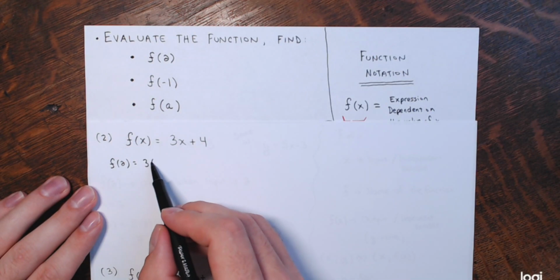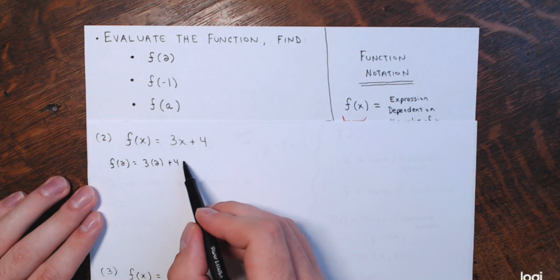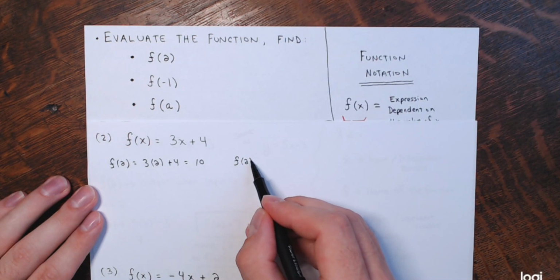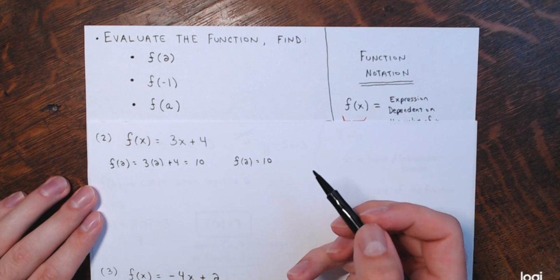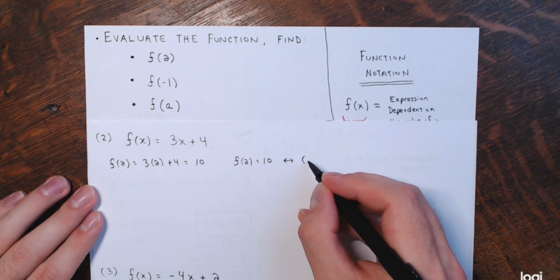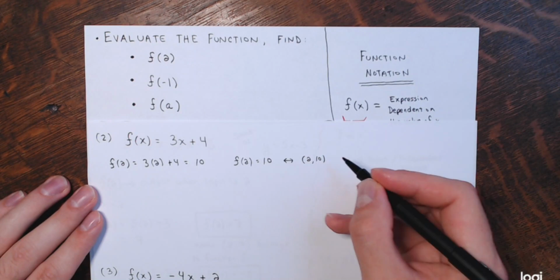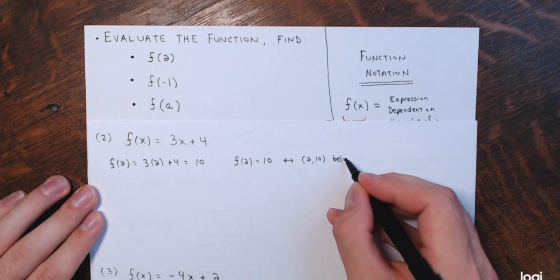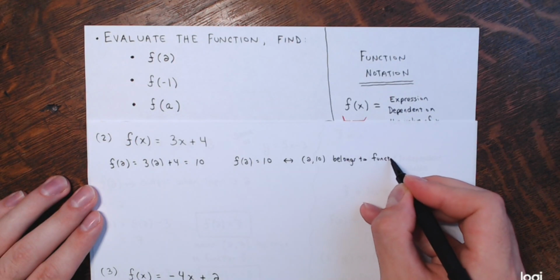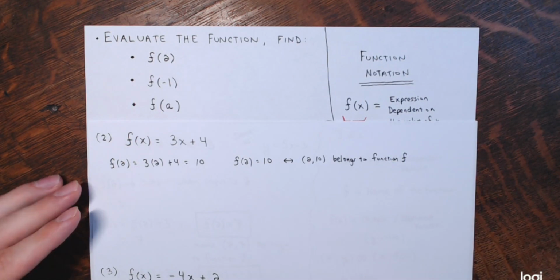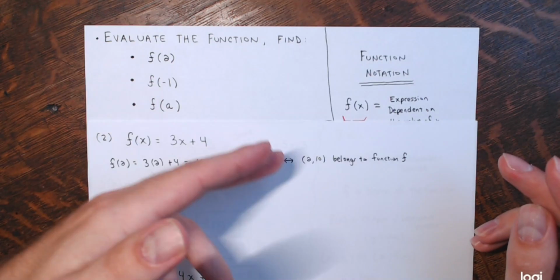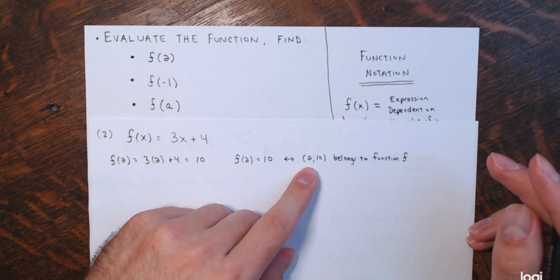That'd be 3 times 2 plus 4, which is 10. So the value of f at 2 is 10, and that means that the ordered pair 2, 10 belongs to this function, this set of ordered pairs called f. And if we were to graph f, the graph would contain the point 2, 10.